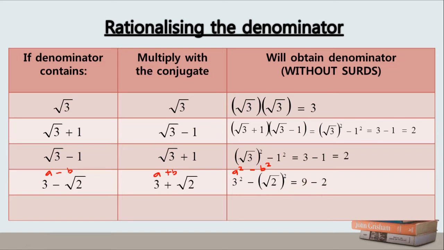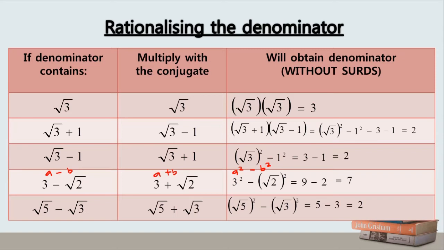So, 9 minus 2, 7. And lastly, when we have surd 5 minus surd 3, our conjugate is surd 5 plus surd 3. Again, after kita multiply, guna rumus yang warna merah tu, we'll get 5 minus 3, so 2. Habislah. Okay, that's why we will obtain the denominator without surd.